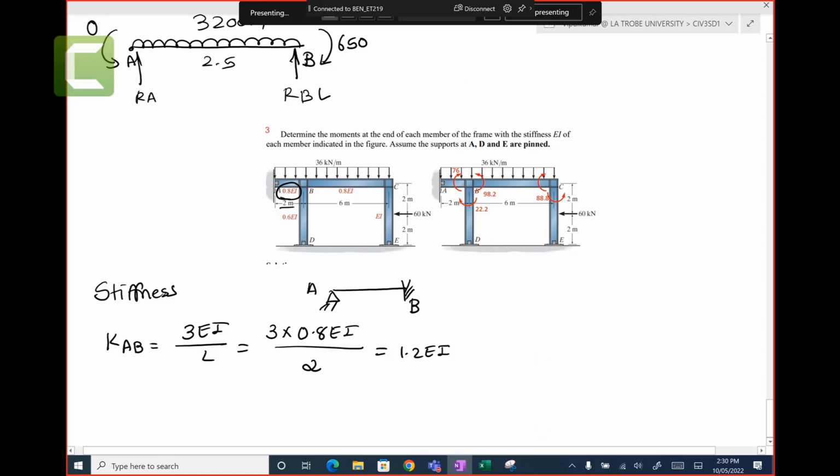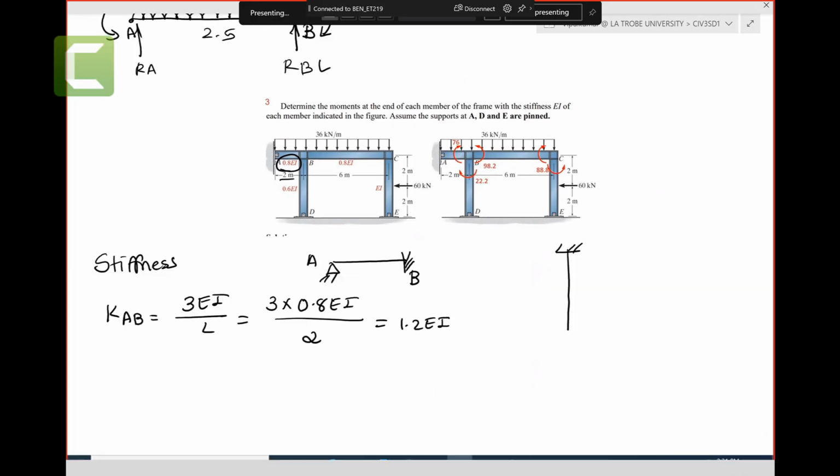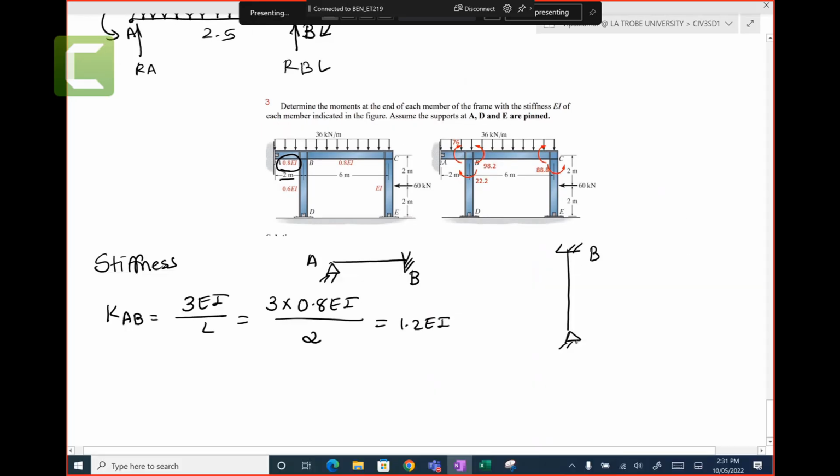Stiffness for BD. B is fixed. Oops. D is pin. For that case, KBD is equal to 3EI over L. So we have 3.6 over the length of this one, which is 4.